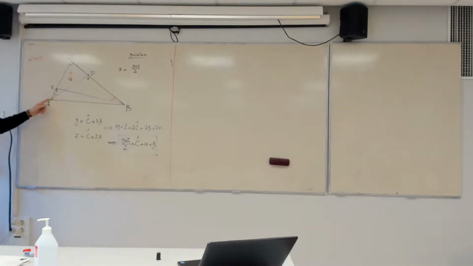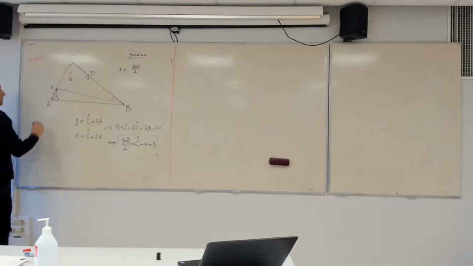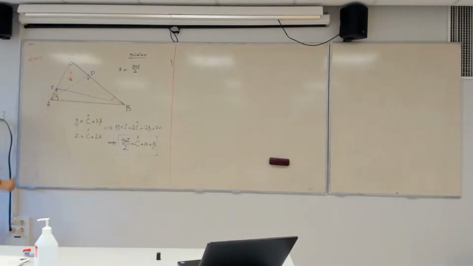But do you think I can do something in the bigger triangle? Yes or no? If I ask you to write something here, what do you say? What is this angle? Can you tell me? If I insist you write something here, what do you write?